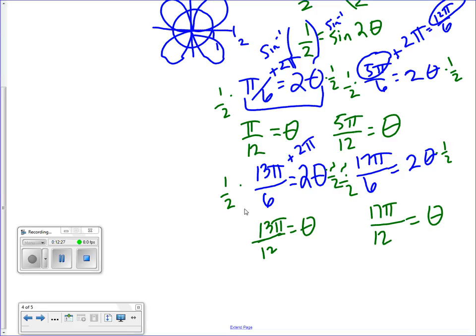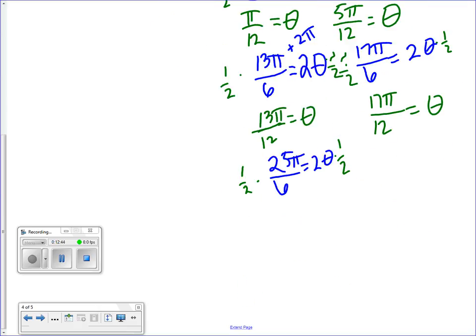So adding 12/6 more gives me 25/6. And then multiplying by 1/2, I'm getting 25 pi over 12 equals theta.